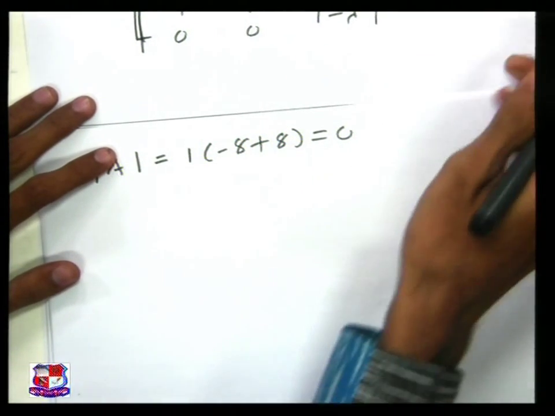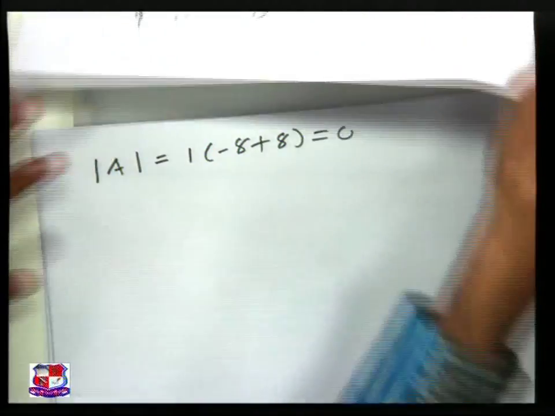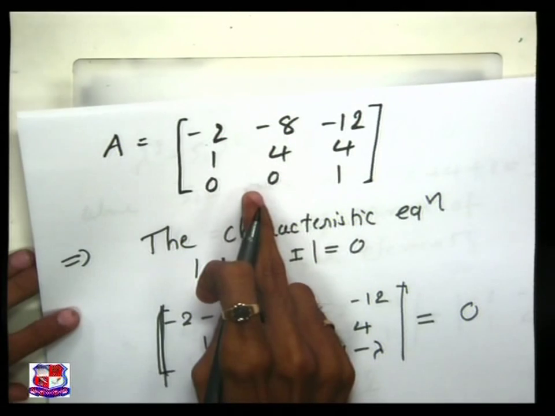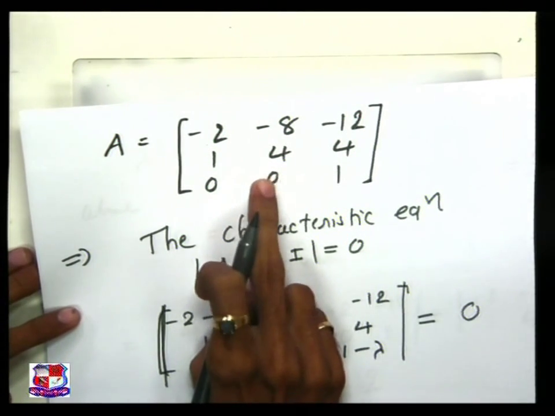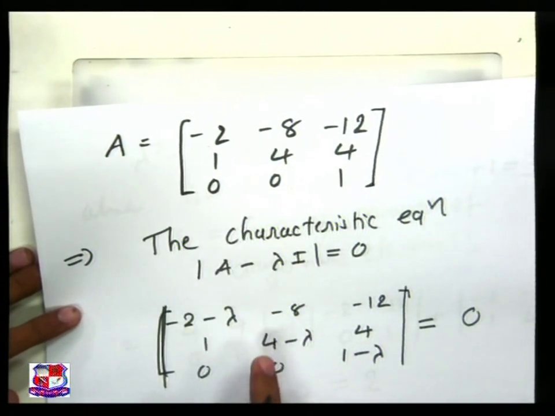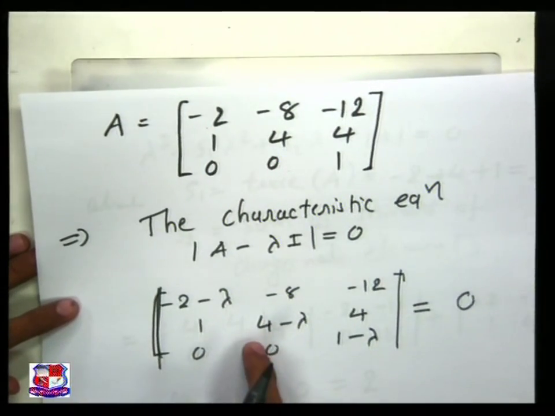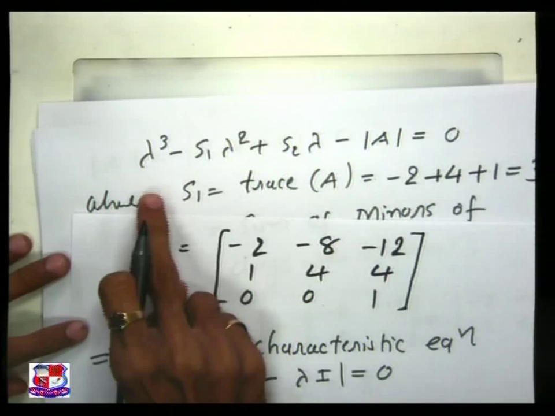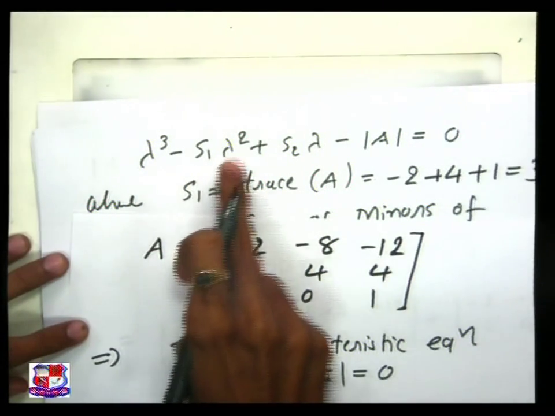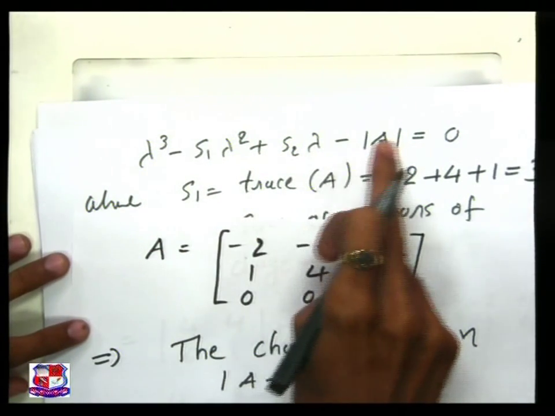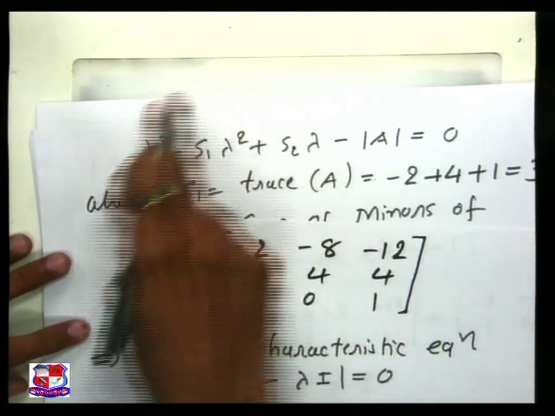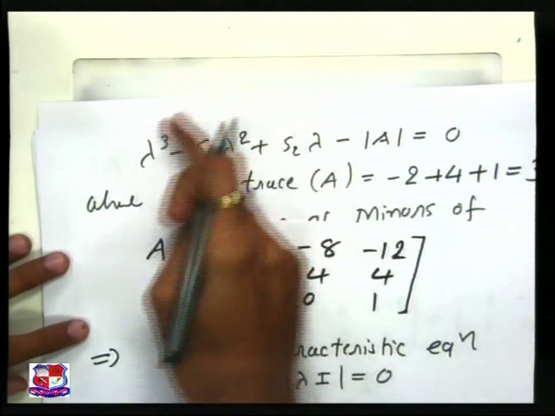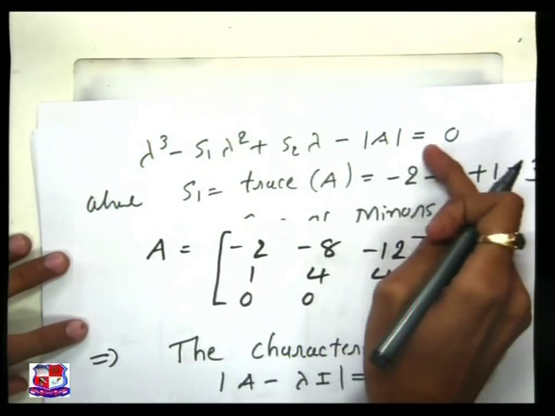As we have discussed, we want to find the eigenvalues and eigenvectors for this matrix, and to solve the characteristic equation we are using the method lambda cube minus S1 lambda square plus S2 lambda minus determinant of A is equal to 0. This is the theorem statement, right? So we can find the characteristic equation using this.